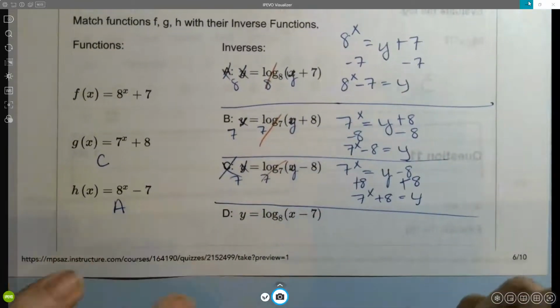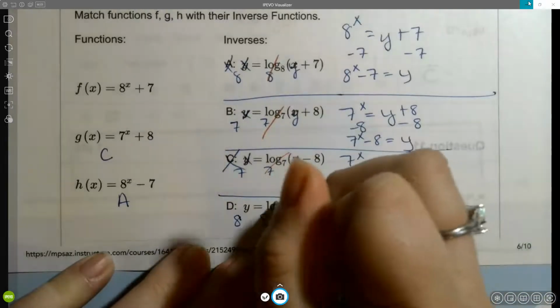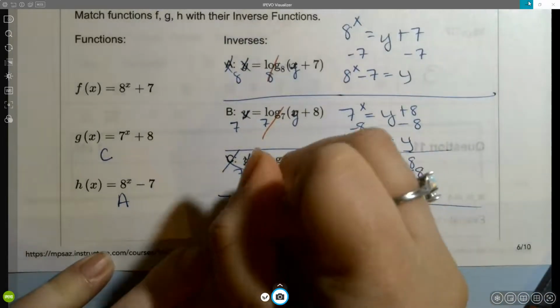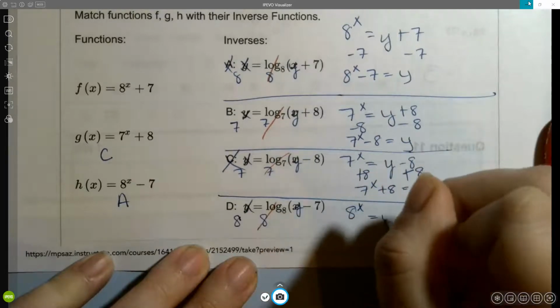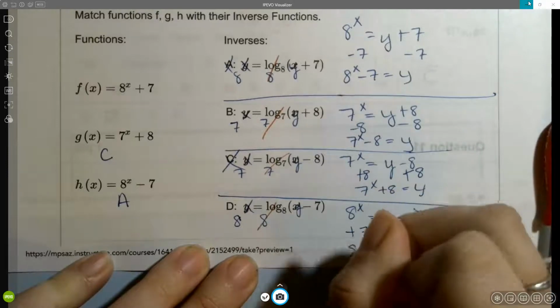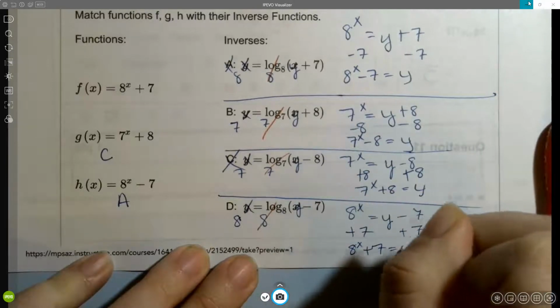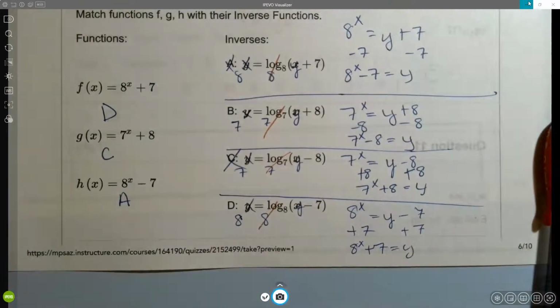And then I want to do the same thing for d. I'm going to raise them both to 8. Cancels out over here. Switch the x and the y. I have 8 to the x equals y minus 7. I want to add 7 to both sides. 8 to the x plus 7 gives me y. So this one is D.